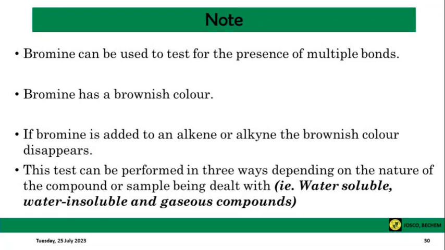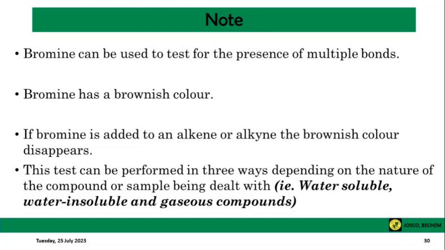Let's go over that again. The nature of the compound here can be one, water soluble, that is, able to be dissolved by water. Two, it is insoluble in water, which is water insoluble. And three, it exists in the gaseous form.